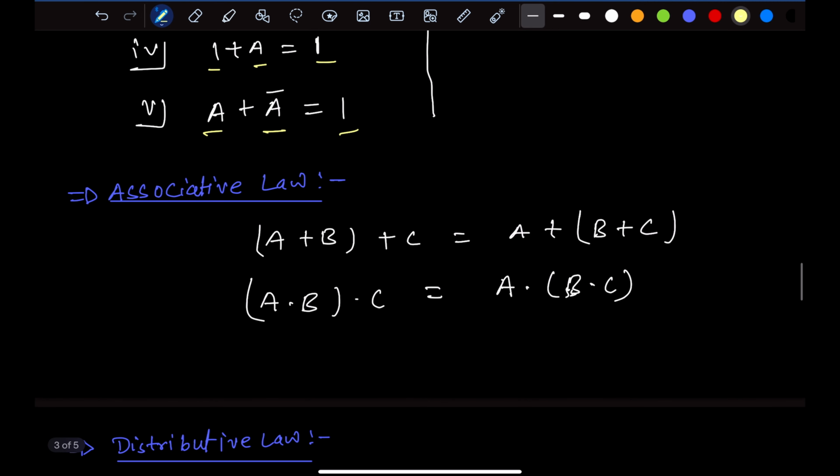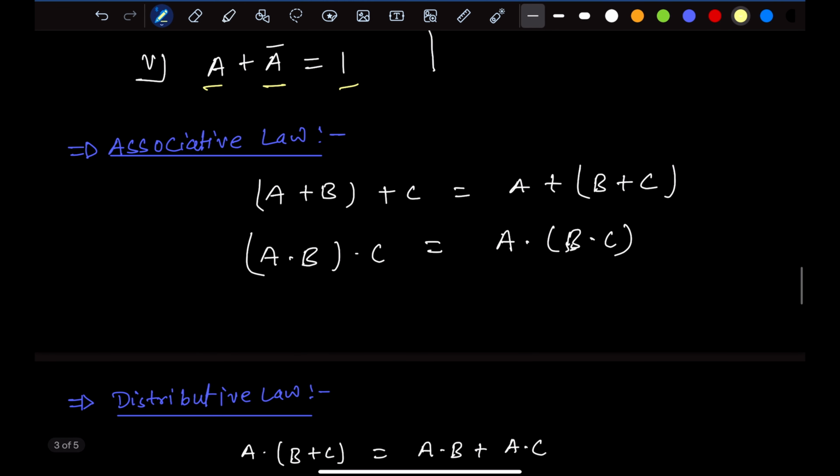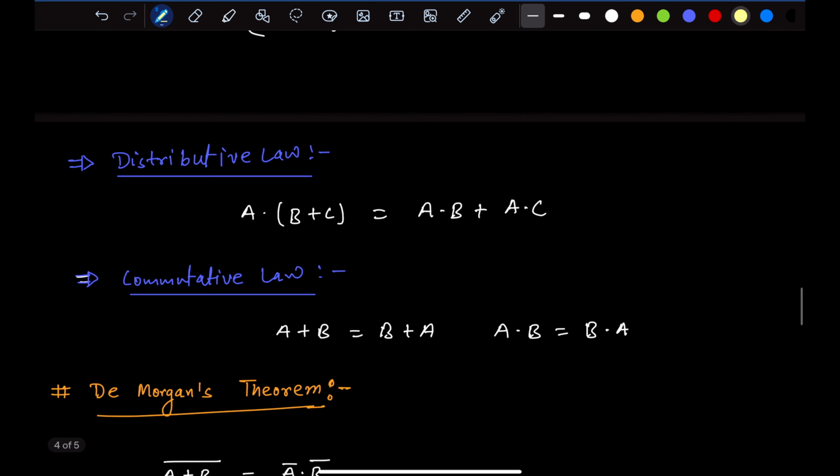And now there are some laws, some of which you know from vectors. Vectors follow the associative law, so Boolean algebra also follows the associative law. So (a plus b) plus c can be written as a plus (b plus c), and (a dot b) dot c can be written as a dot (b dot c). The distributive law: a dot (b plus c) can be written as a dot b plus a dot c.